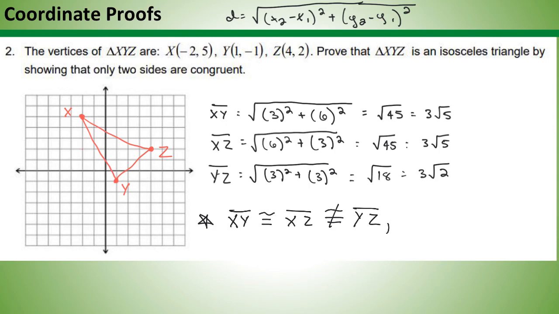Since I have two sides that are the same and one that is not, I can say that triangle XYZ is an isosceles triangle.